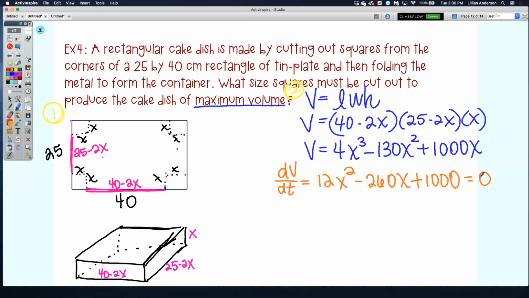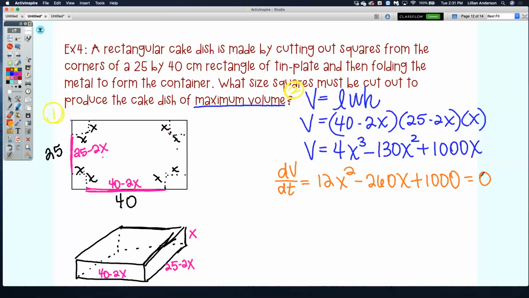Now, do realize that some of these problems are going to be calculator, non-calculator. This one just so happens to be non-calculator. So that means in order to solve this quadratic, we're going to have to factor. Especially if it's non-calculator, factor, and it should be able to be factored.